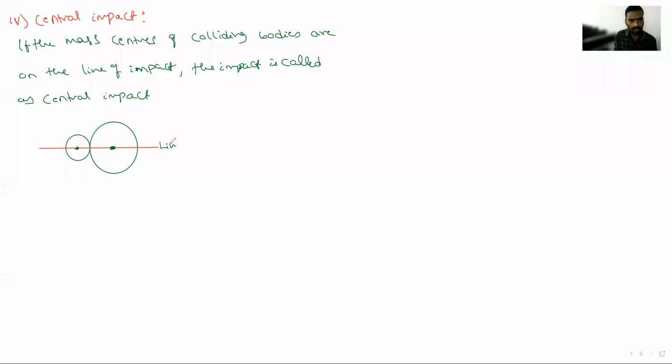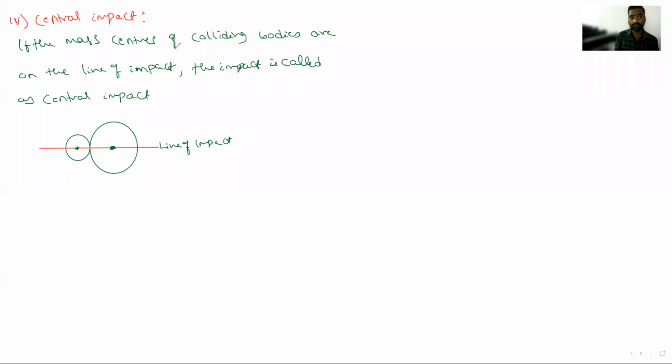So this is the line of impact, and these are the mass centers. Both are on the same line. This is M1 and this is M2.